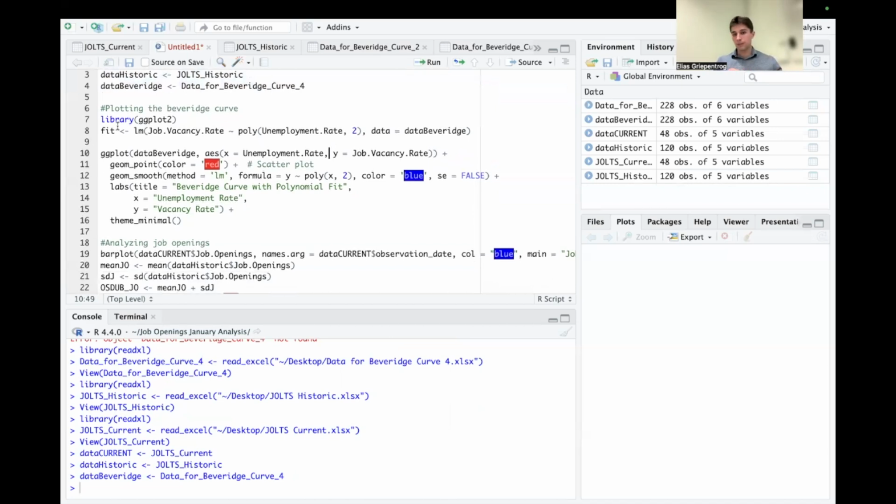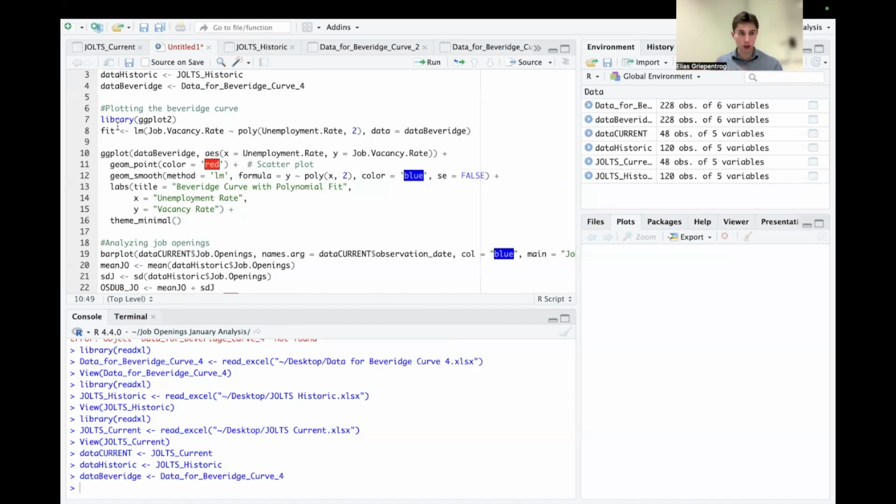Before we proceed, let me explain what relationship the Beveridge curve portrays. The Beveridge curve explains the relationship between the unemployment rate and the job vacancy rate. The job vacancy rate is calculated by essentially taking the number of job openings and dividing by the sum of the employment level and the unemployment level.